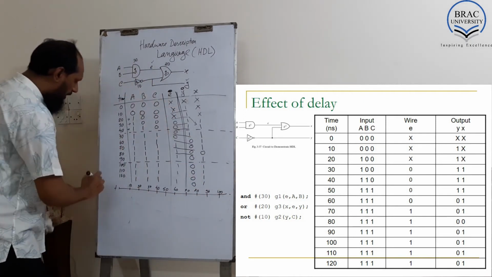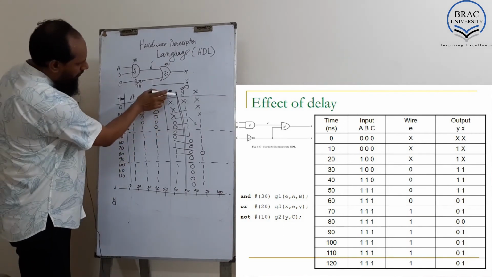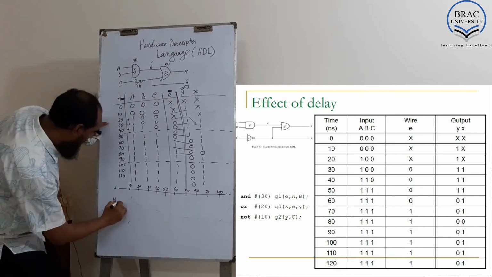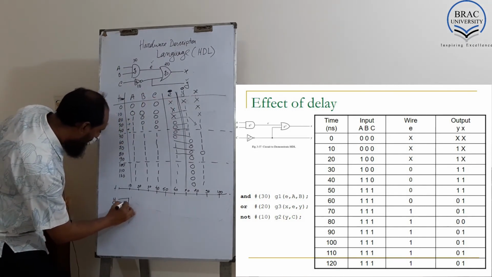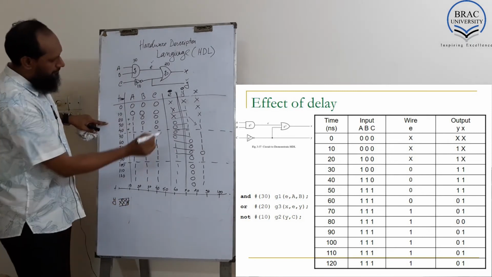So, if we draw the time diagram for y, y was don't know until 10 nanosecond. So, until 10 nanosecond, y was don't know. Okay?